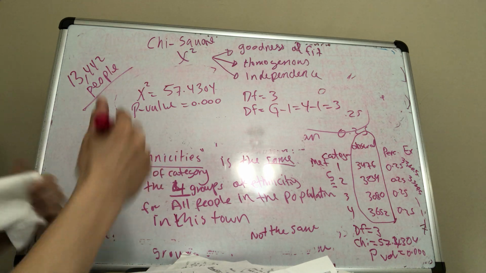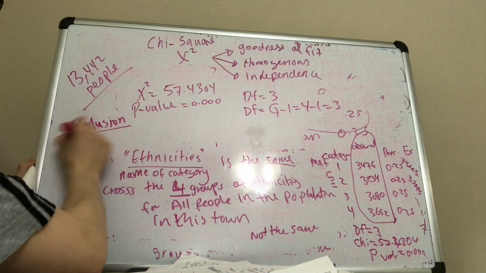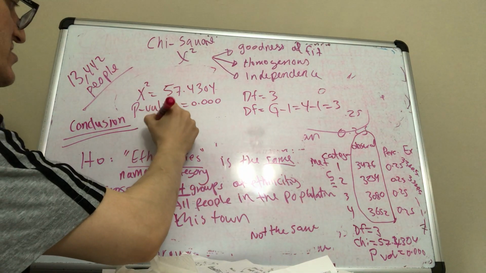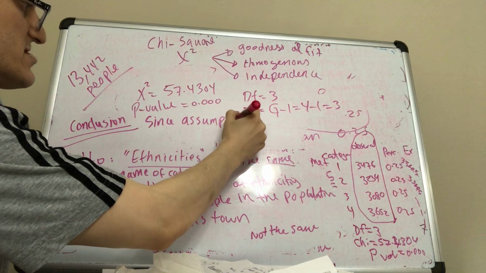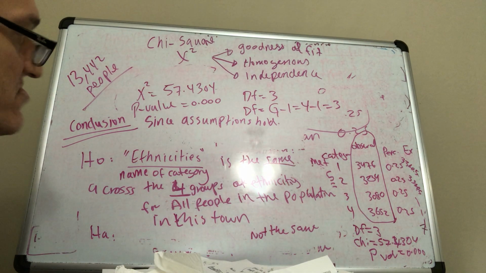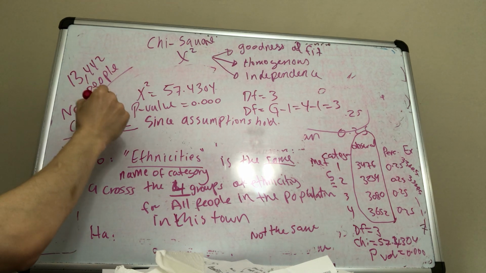Now, conclusion. Assumptions met, so we start with since assumptions are satisfied, or since assumptions hold. Remember, when we do the conclusion here, we don't have alpha.